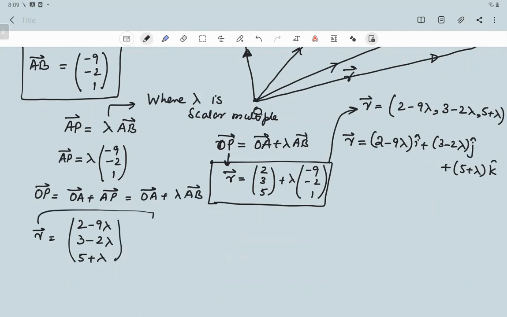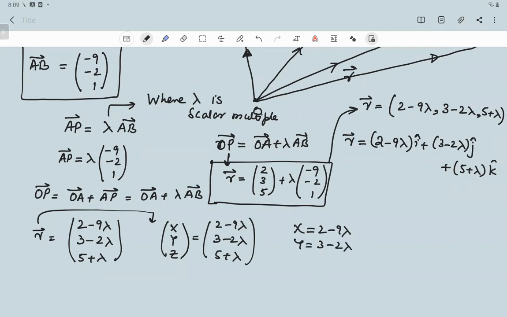And we replace our components: x is equal to 2 minus lambda, y is equal to 3 minus 2 lambda, and z is equal to 5 plus lambda.